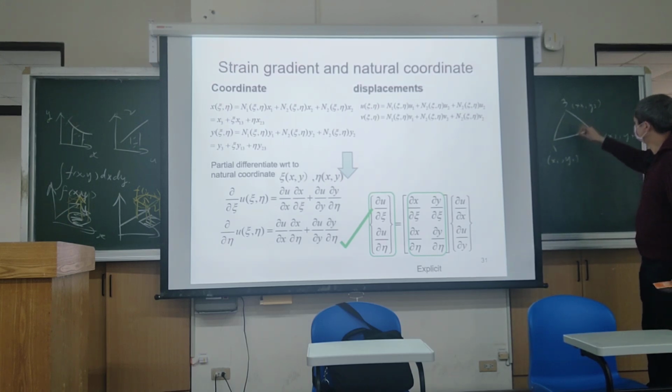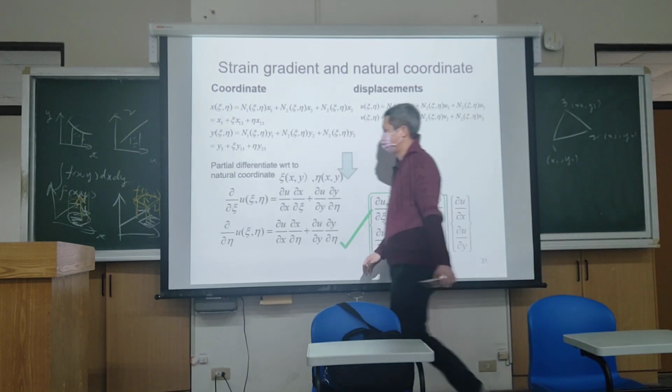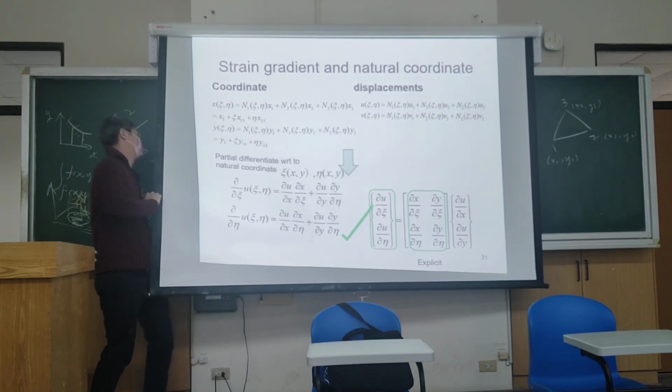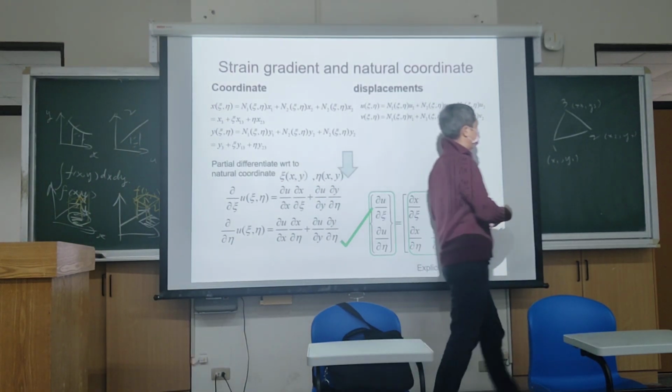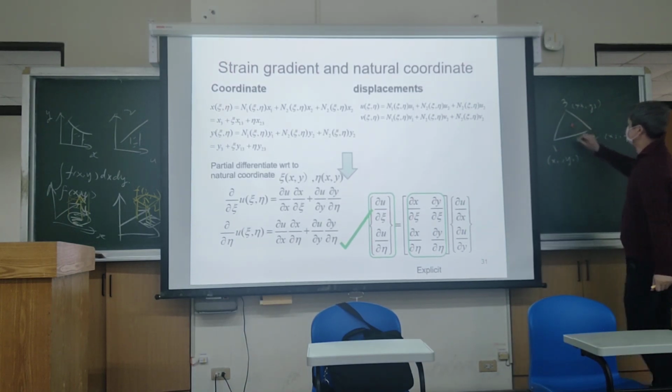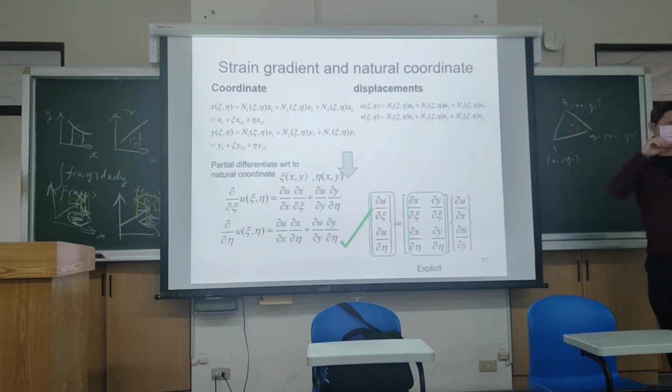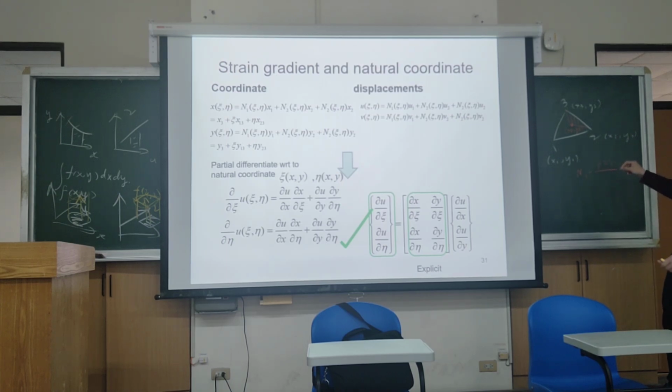So if you are going to find a point in the triangle, how do you find the point? This is my arbitrary point. How do you define the shape function n1? Do you remember what the shape function n1 is? It is this area, P23 divided by 123.